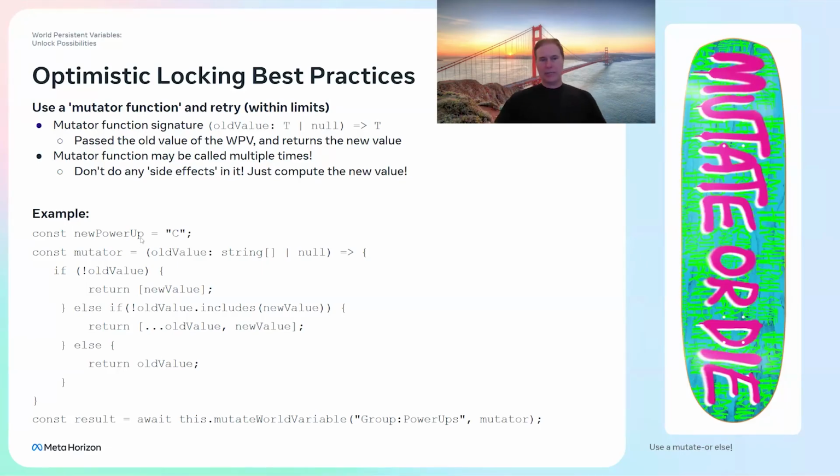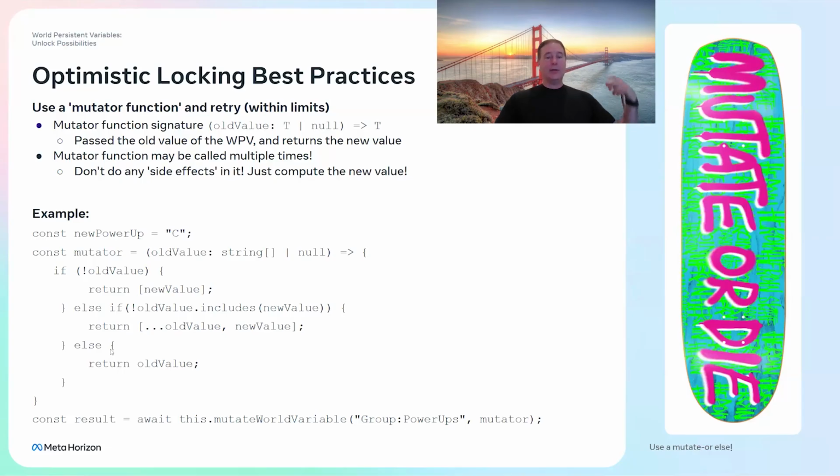So for this power-up example, imagine I want to add this new power-up of C. My mutator function is going to take whatever the old value list is. If there is no old value, because I'm the first one, I'm just going to make a new array which has my new value in it. Or if the old value doesn't already have my new value, I'm going to take the old value and append my new value onto the end.